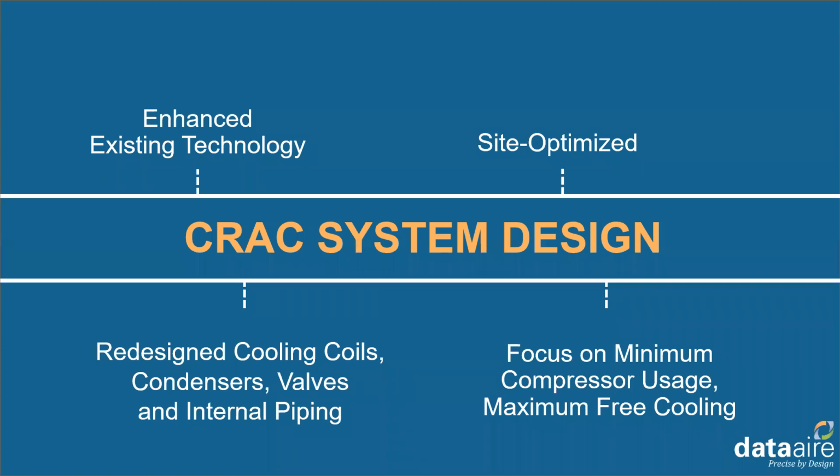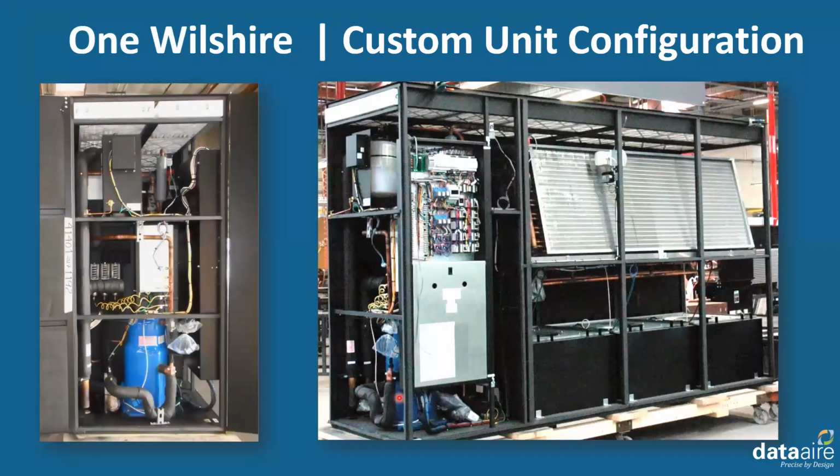Now let's take a look inside this unit, and I'll show you where the components are located, how that comes together. There we go. So here's a photo of one of the units for this building while it was in final test at the factory. Up here was our oversized energy saver coil.